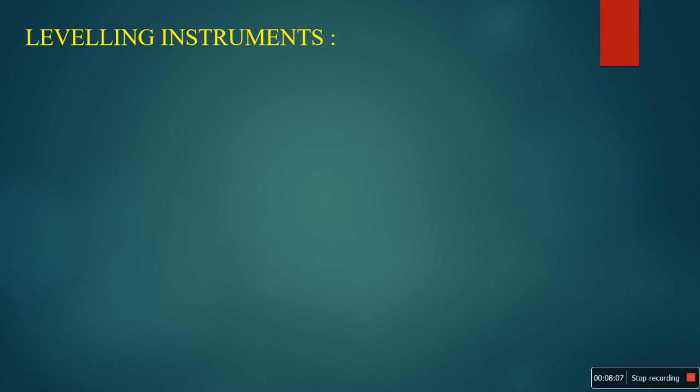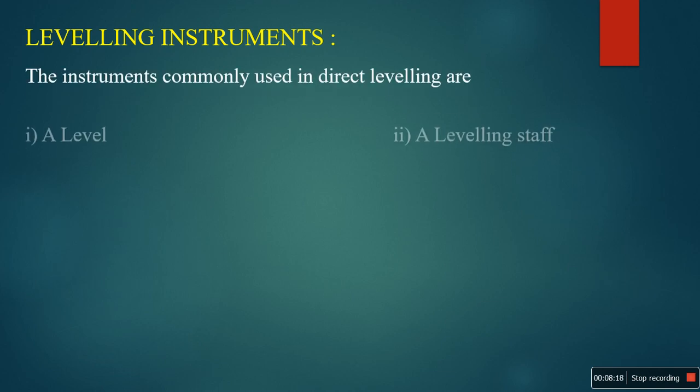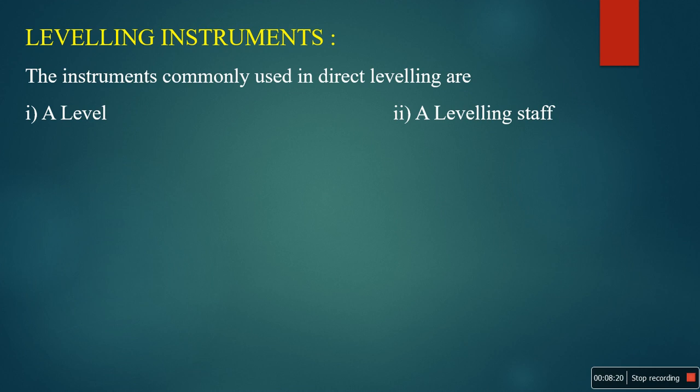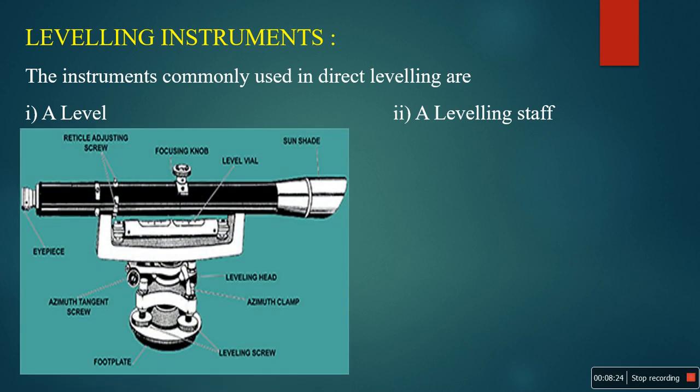Next we discuss the leveling instruments. In leveling, there are two main instruments: one is the level and the other is the leveling staff. What is the level? This is one picture of the level.